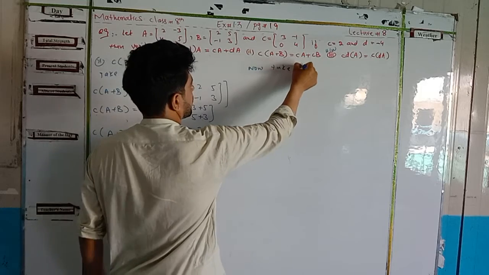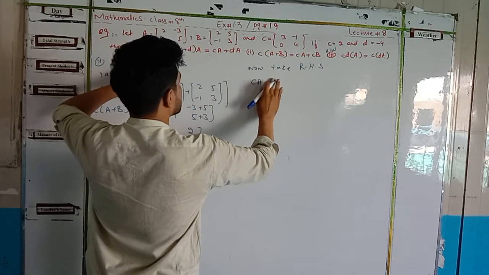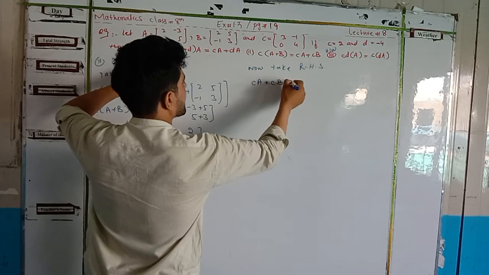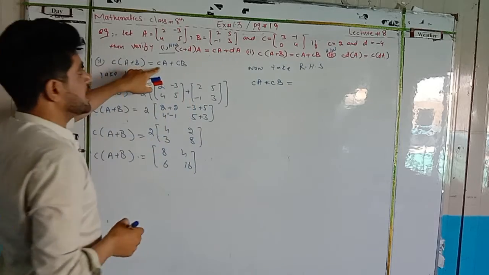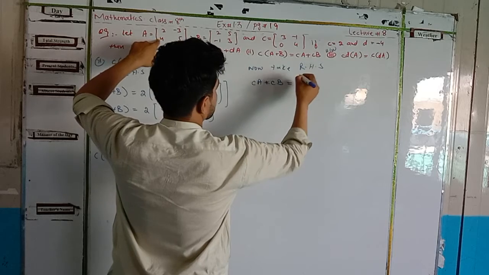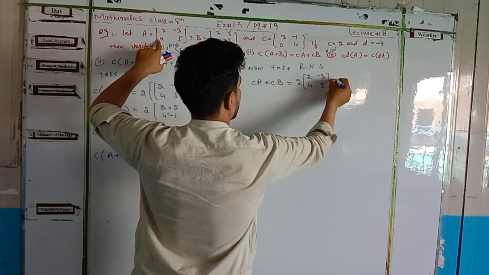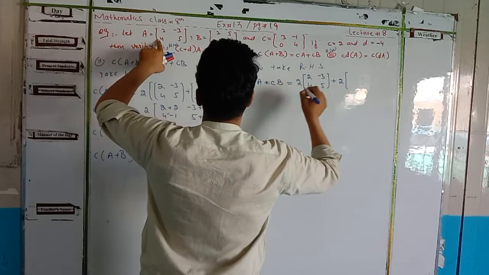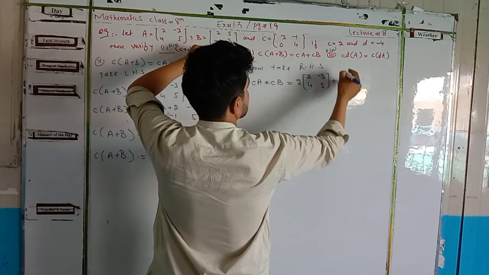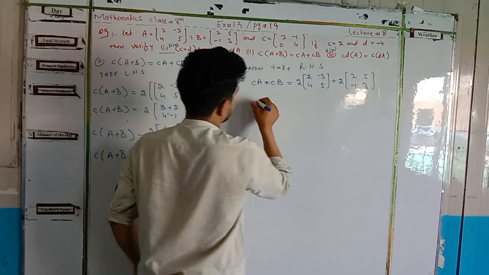Take right hand side. CA plus CB is equal to c, which is 2, and the A matrix is this, 2 minus 3, 4 and 5, plus B is this, 2, 5 minus 1 and 3.